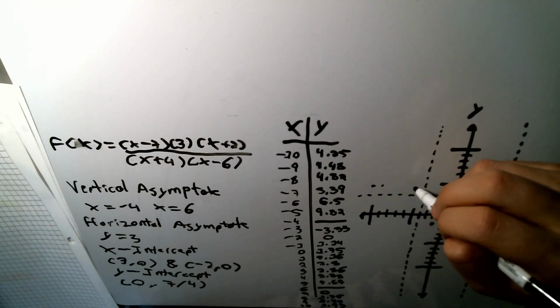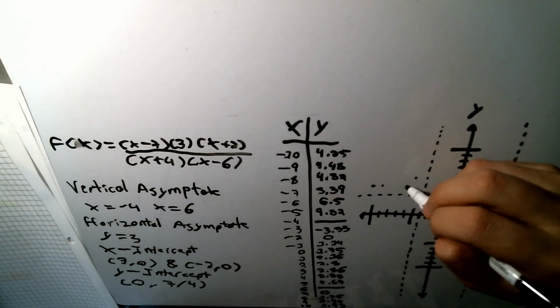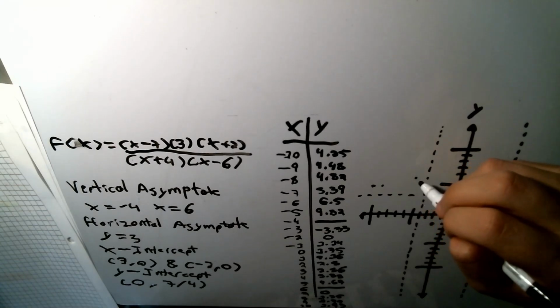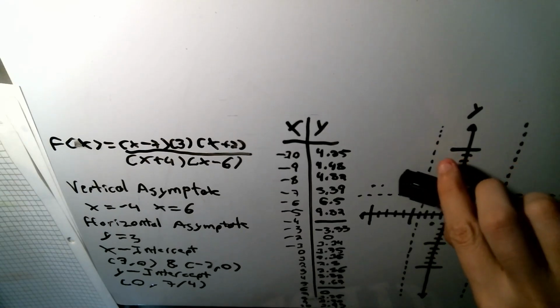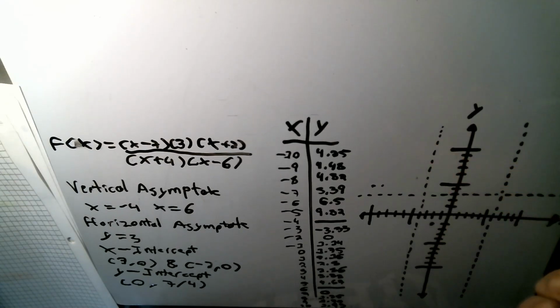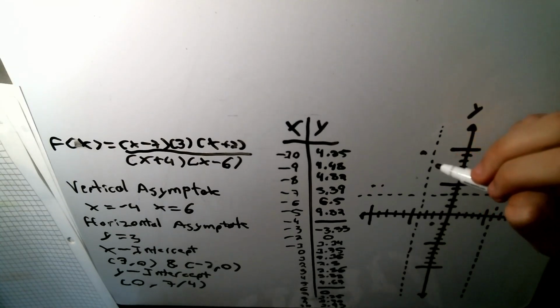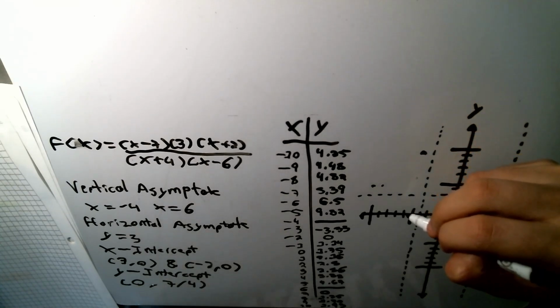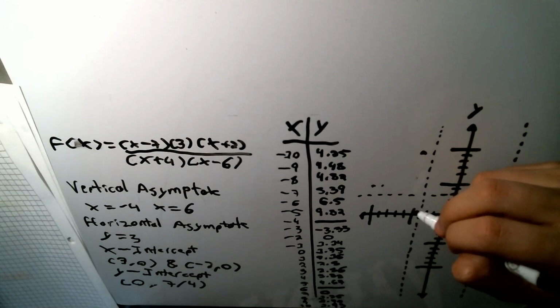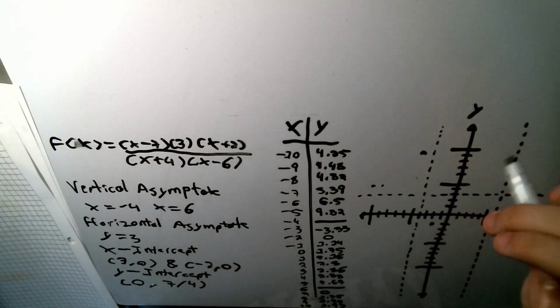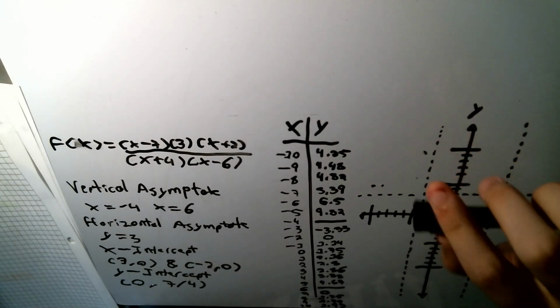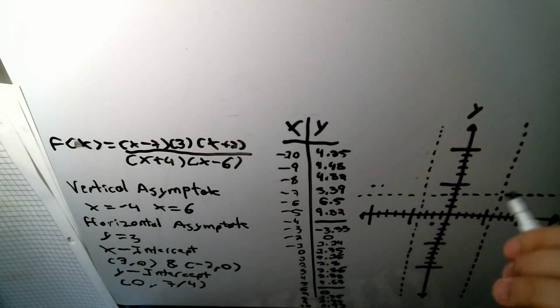Minus 7 is 5.39, minus 4 is... minus 5 is 9.8, and minus 9. Okay, I'm doing this horribly.